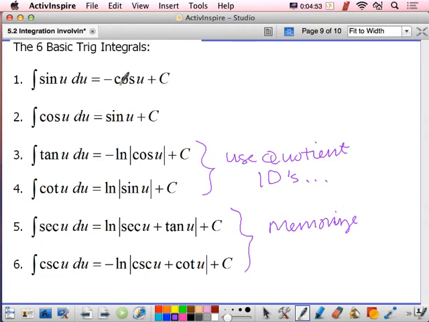So this answer started with a C, and it has a negative. This one didn't, and it's positive. This one starts with a C, and it's negative. This one doesn't, and it's positive. This one, right here, does not start with a C, so it's a positive answer. But this one is a C, so it's a negative. That kind of helps me keep them straight.